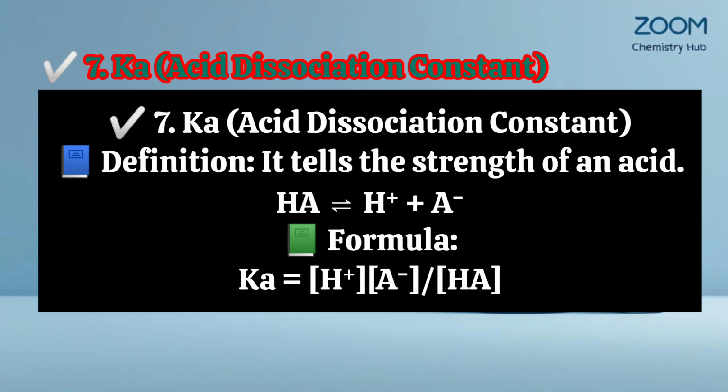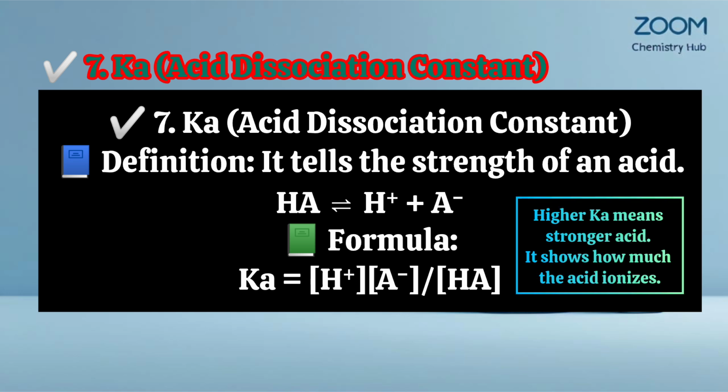So we will write the formula for Ka as the ratio of the product of the concentration of the ions divided by the acid. So Ka is equal to the concentration of positive ion into the concentration of negative ion divided by the concentration of acid. Higher the Ka means stronger the acid. It shows how much the acid ionizes.